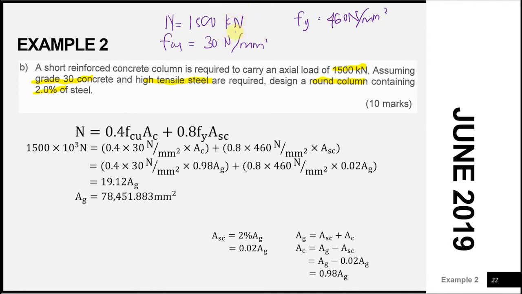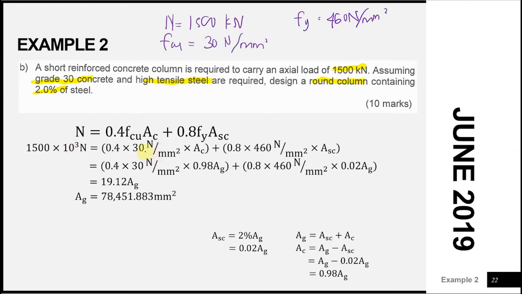Okay, here I convert this value into Newton because basically kalau you tengok you punya steel strength ataupun concrete strength, everything dalam Newton over mm. So maksudnya kita akan convert semua jadi Newton dan mm supaya semua sama.